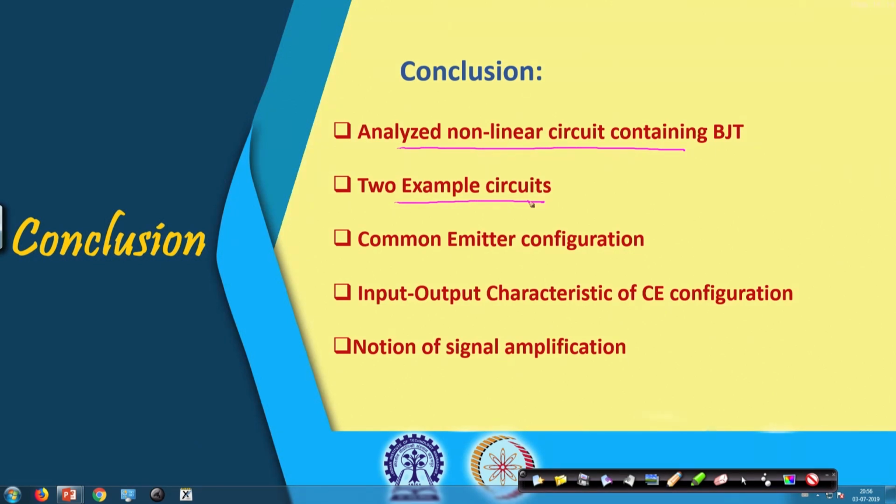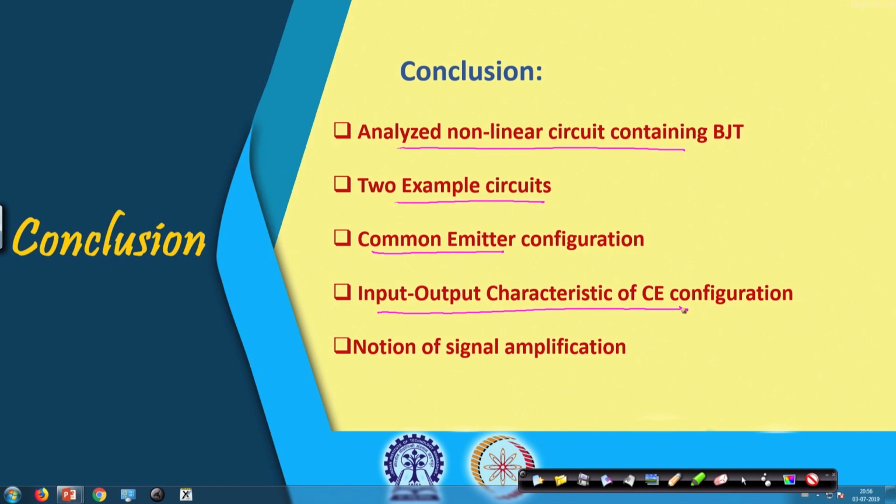Then we entered into a circuit called an amplifier, which has a specific name, the common emitter configuration. We also observed the input to output large signal characteristic of the common emitter amplifier, and a portion of the large signal characteristic can be considered as the small signal input to output transfer characteristic.